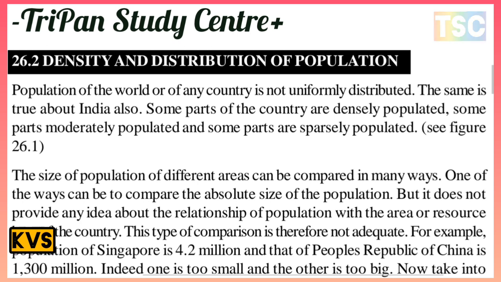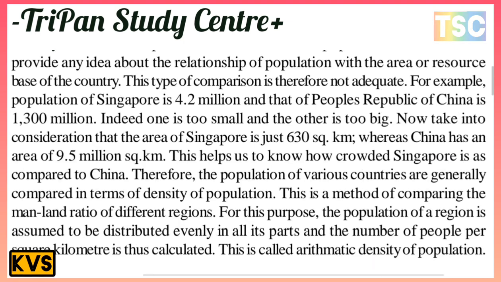For example, the population of Singapore is 4.2 million and that of the People's Republic of China is 1,300 million. Indeed, one is too small and the other too big. Now take into consideration that the area of Singapore is just 630 square kilometers, whereas China has an area of 9.5 million square kilometers. This helps us to know how crowded Singapore is compared to China.